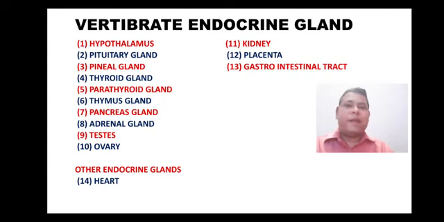Other endocrine glands, for example: heart, kidneys, placenta, gastrointestinal tract.